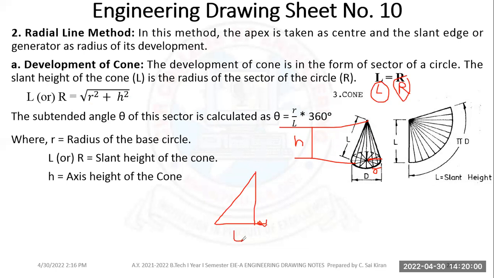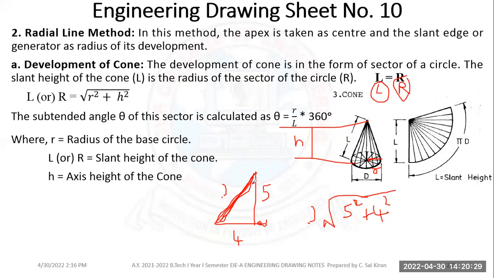Suppose this is 4 and this is 5, then we are calculating this one: the question mark equals square root of 5 square plus 4 square, just like the Pythagoras theorem. We are calculating this slant, or hypotenuse.